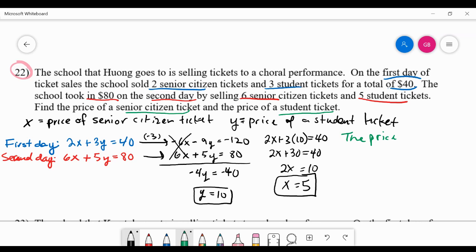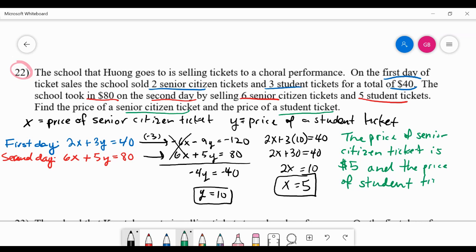The price of senior citizen tickets is $5, and the price of student tickets is $10.